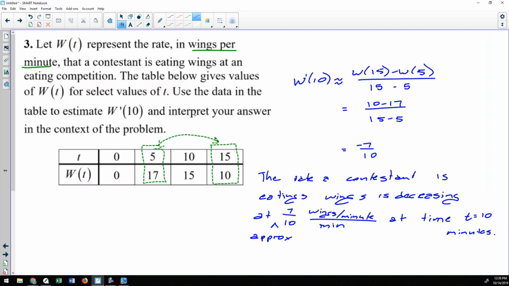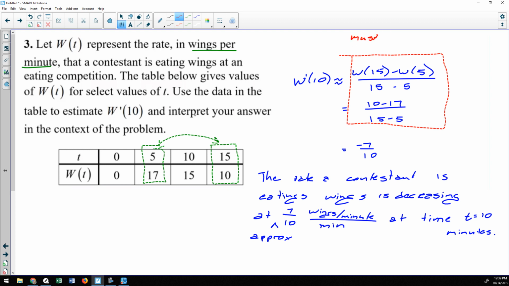So there's your interpretation. I do want to make 2 points about estimating derivative values when given a table. The first is that when you are doing this, you must write down, if it is a free response question, you absolutely must, on the AP exam, write down this difference quotient right here.